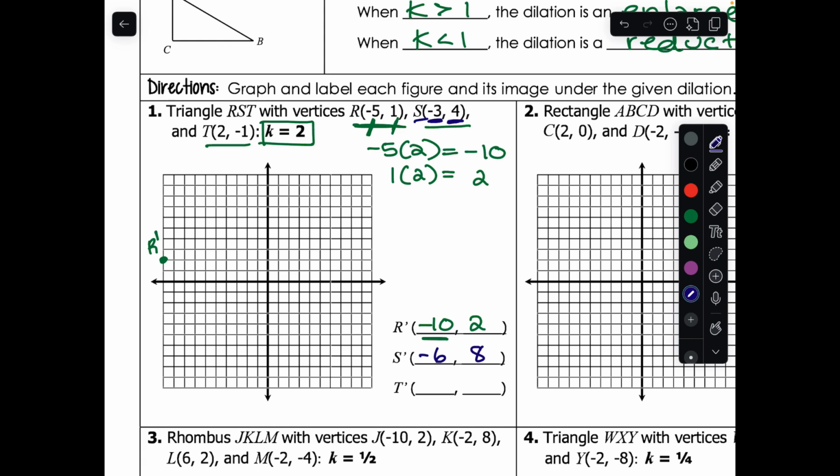So to get S prime, we go left 6, 1, 2, 3, 4, 5, 6, and then up 8. 1, 2, 3, 4, 5, 6, 7, 8. This is our S prime.